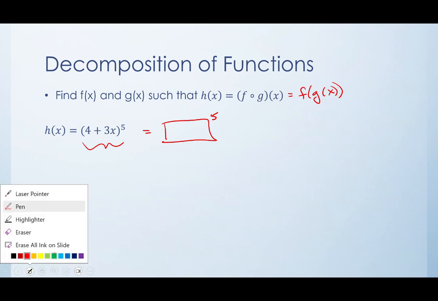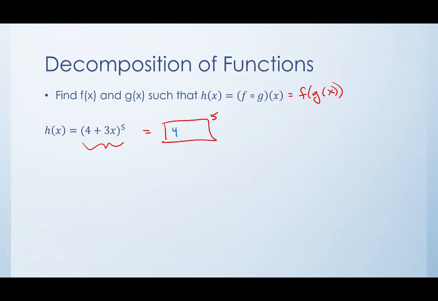And what's the something? That's my 4 plus 3x. So that would lead me to say, okay, my inside function, my g of x, is going to be 4 plus 3x. And my outside function, something to the 5th power, really just means x to the 5th power. So there we go. And you can always double check this by composing them back and seeing if you get what you started with.